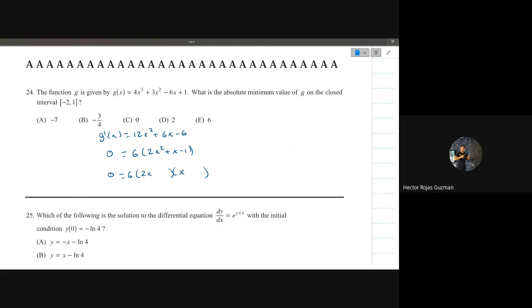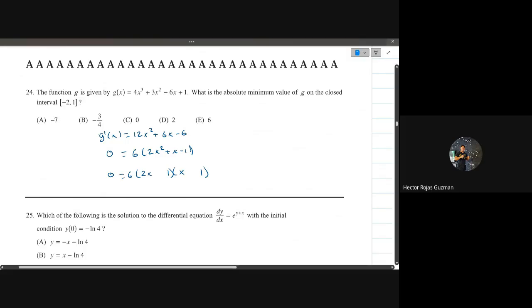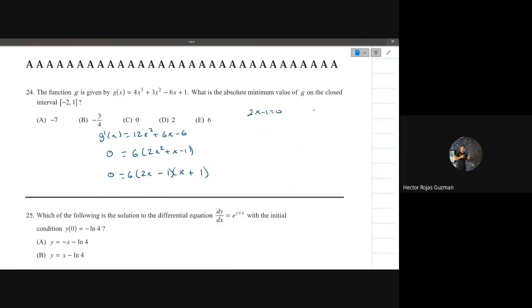Two numbers that multiply to -1 would be 1 and 1, but they have to add up to +1. So negative, positive. Set them equal to 0. There are my critical points.